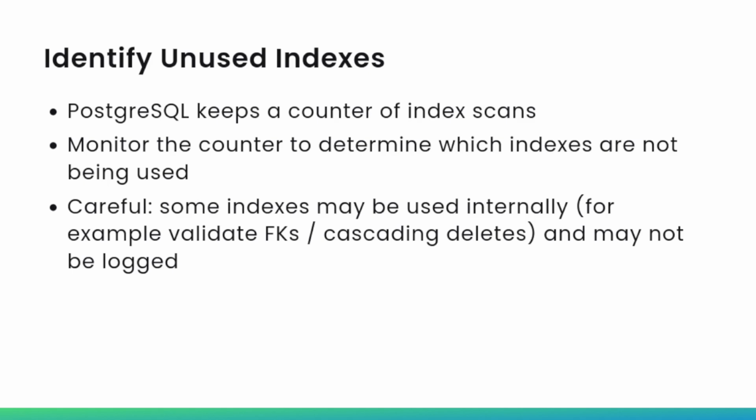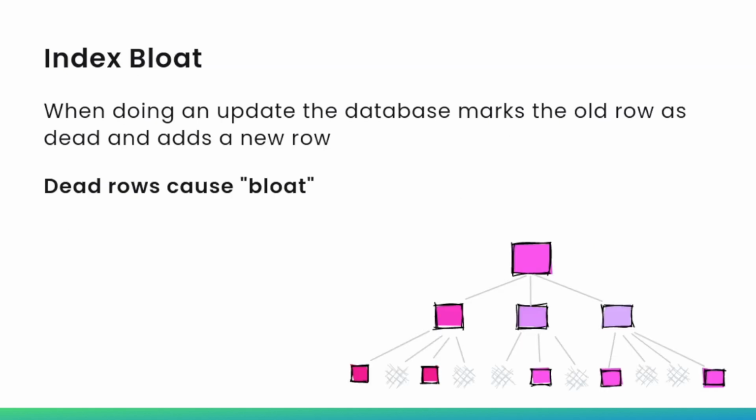So be very careful, especially around FK indexes, okay? Indexes on foreign keys, when you determine whether an index really is used or not. So probably for most trivial indexes that you suspect are not used, this is a very effective method.